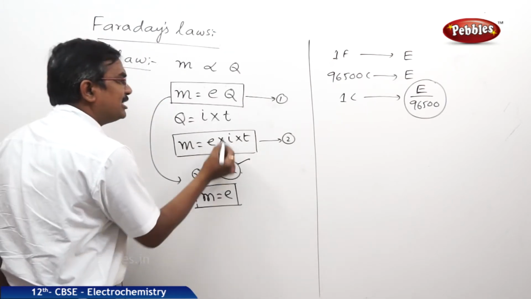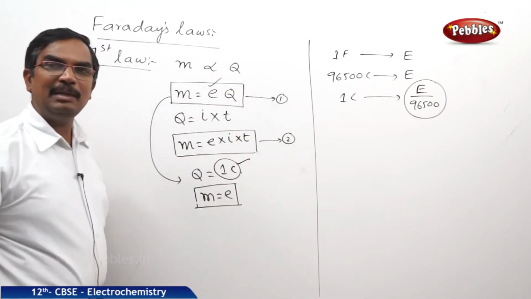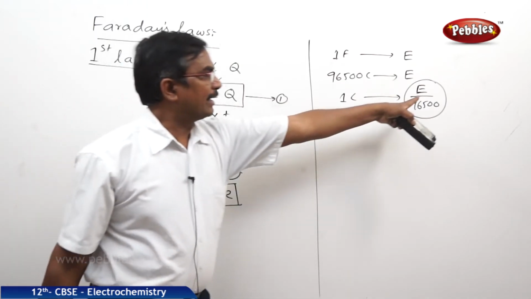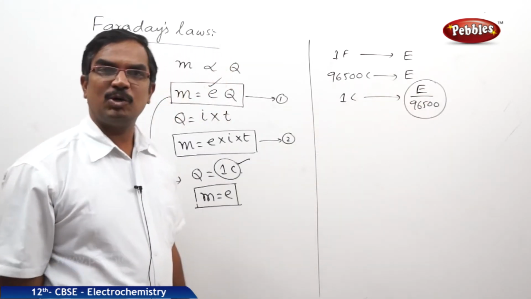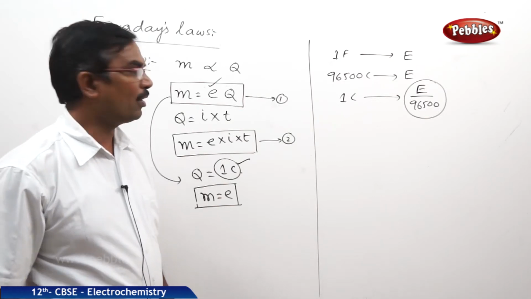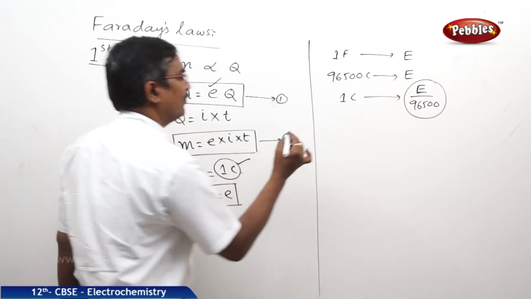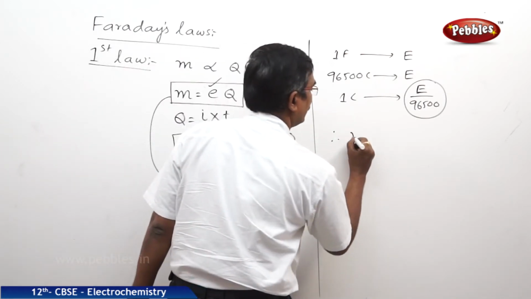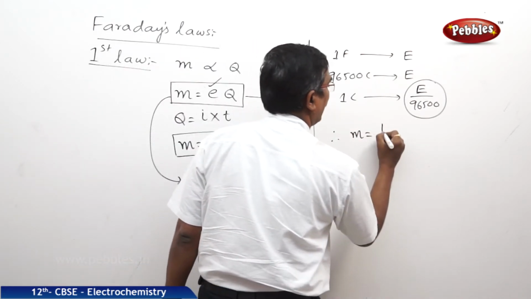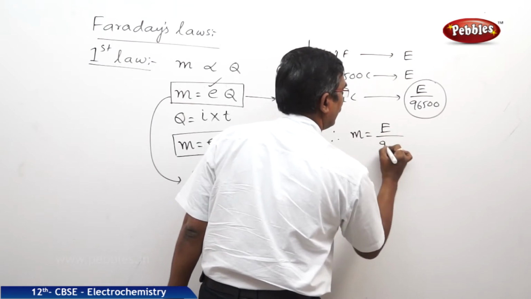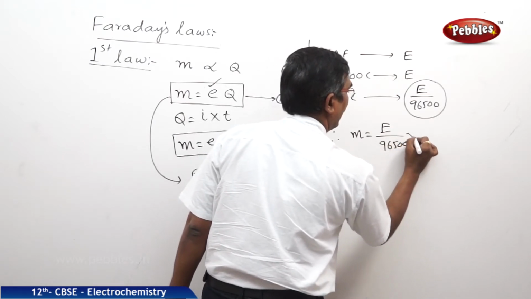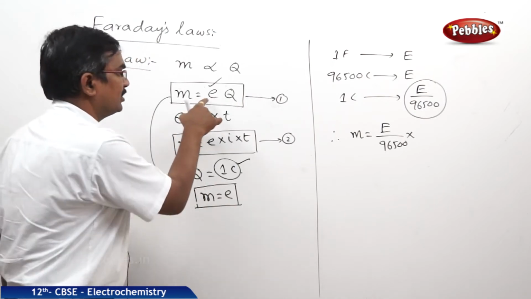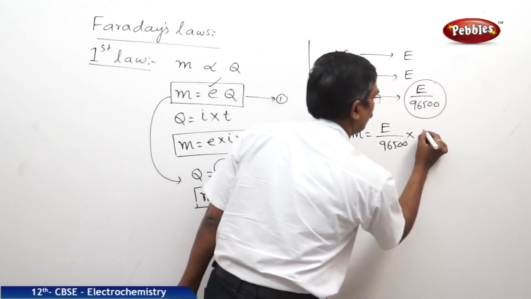That means in this particular expression, I can replace E with capital E divided by 96,500 in equation 1. Therefore, we can write equation 1 as M is equal to capital E divided by 96,500, into Q.